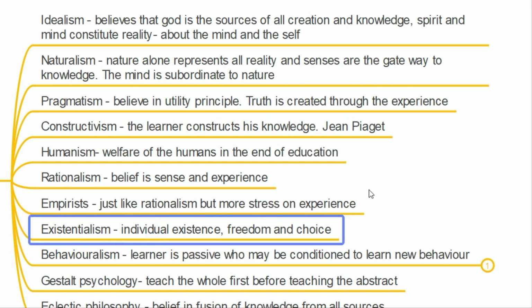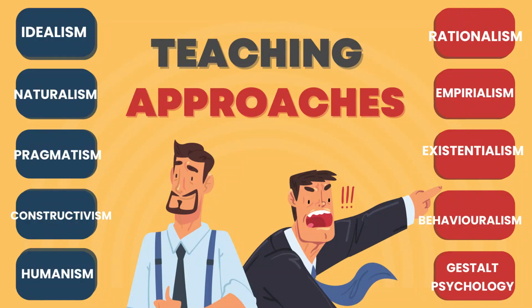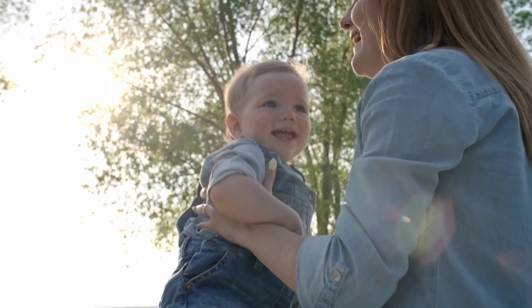And we come to existentialism. Existentialism believes in individual existence and individual freedom, and it does not believe in standardized or institutionalized ways of teaching. It believes an individual has to learn for his own survival. And behaviorism, a very important philosophy of education.